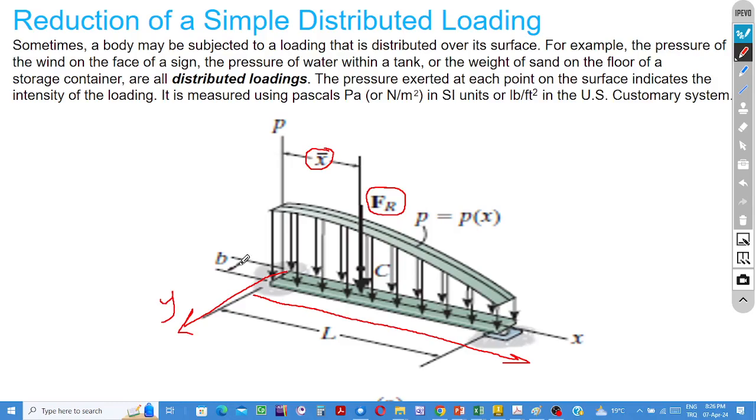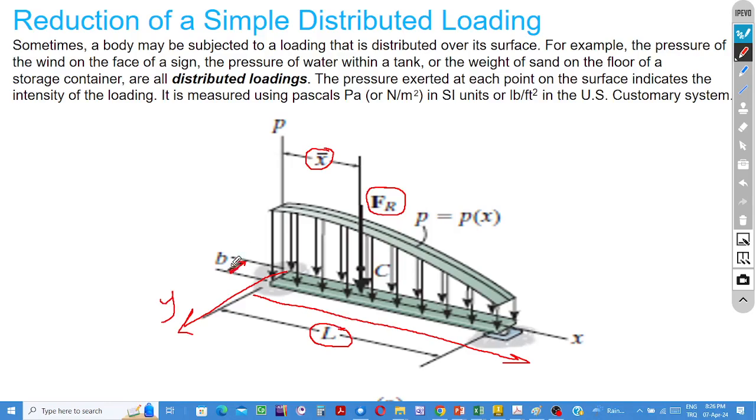it can be approximated as uniformly distributed, especially if the dimension of the contact surface between the system and its surroundings is very small relative to the size of the other dimension of the contact surface.